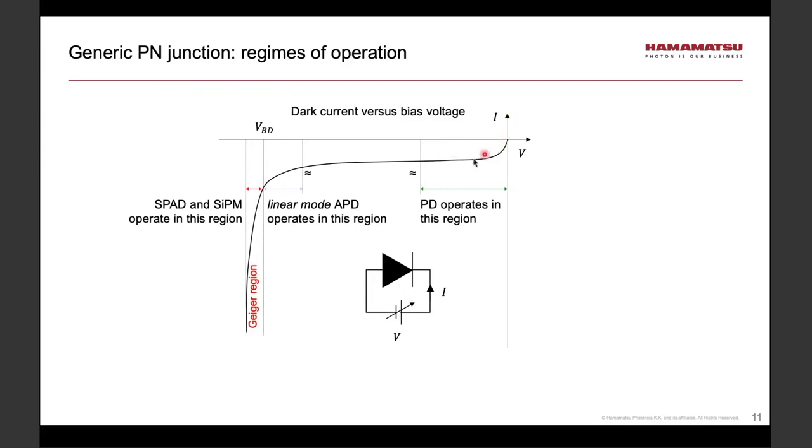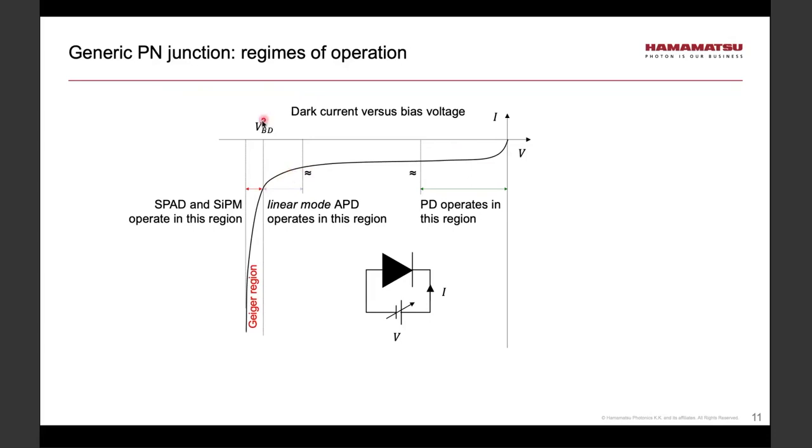Now, please note that as I increase the reverse voltage, eventually this dark current curve starts to increase more rapidly than for lower voltages. Around this knee is where a linear mode avalanche photodiode operates. If you're wondering why this current begins to increase, the answer is that there is a gain mechanism in the APD. That gain mechanism, which we'll discuss shortly, is based on impact ionization.